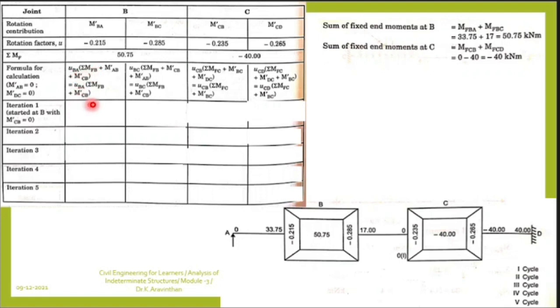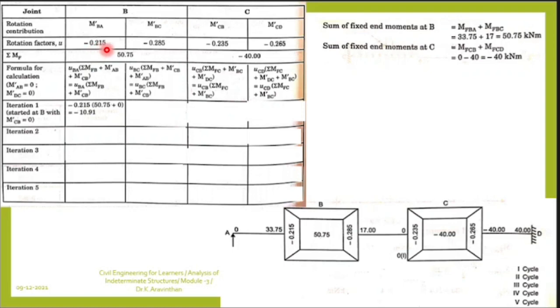First you have to make the first iteration. How to multiply is rotation factor at BA, sum of F at B, that is fixed moment at joint B. So what is the moment at the joint B? Plus M dash AB. For first iteration you will not have M dash AB, it will be 0, and plus M dash CB. For first value, what is your rotation factor?